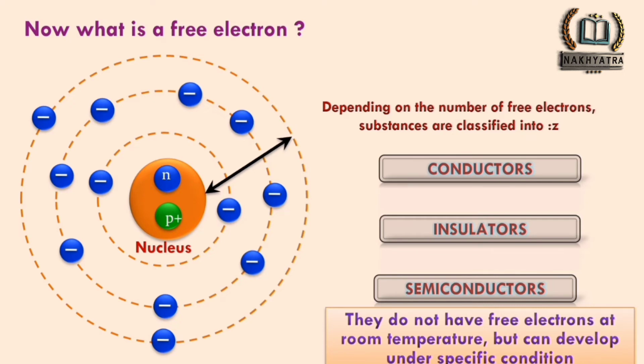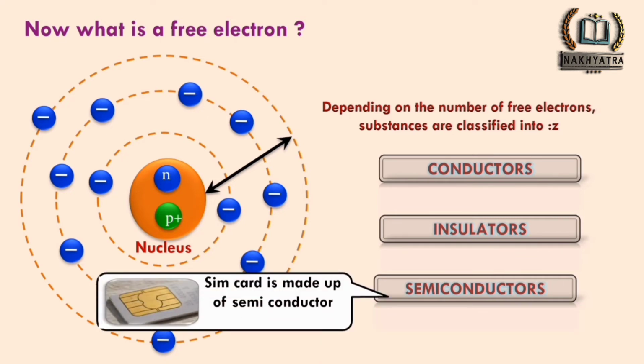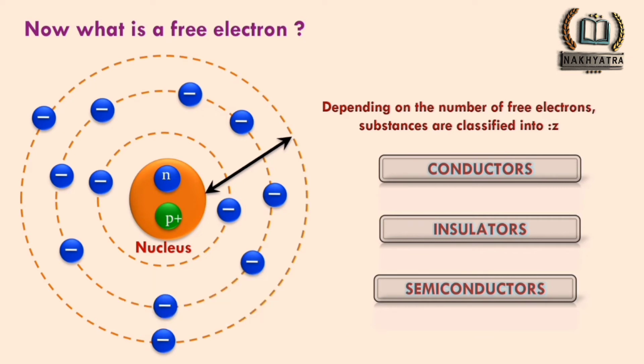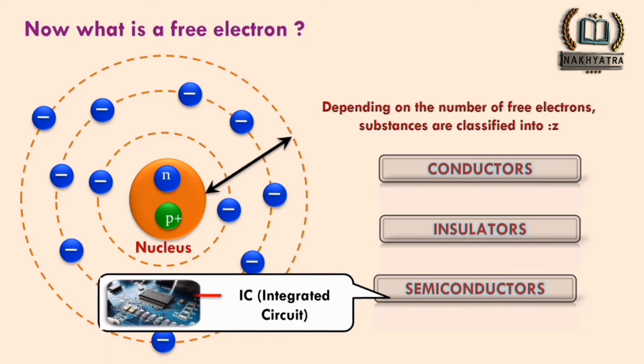But if we create the specific condition in our laboratory, then free electrons can be produced and electricity can pass. Examples: the SIM card that we use in our mobile phone is made of semiconductor, and the IC, the integrated circuit, is also made of semiconductors.